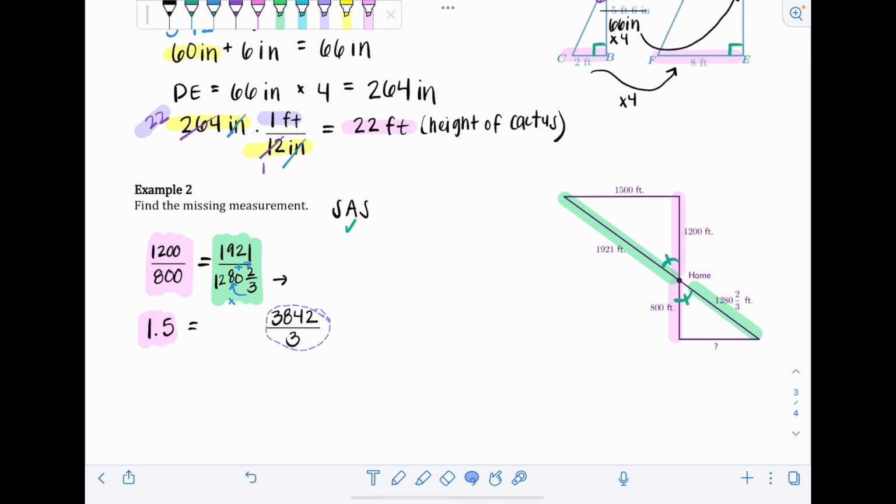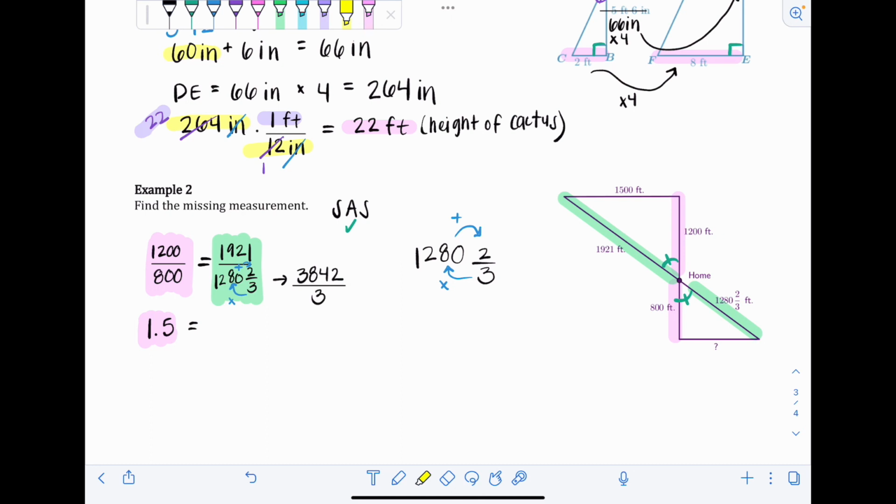Okay, so I'm going to go through that one more time just because it got kind of messed up in the middle. So this is in general how to change any mixed number, like 1,280 and 2/3, to an improper fraction. You take the denominator and you multiply it by the whole number part. And then you take that product and you add the numerator. That gives you the new numerator of the improper fraction.